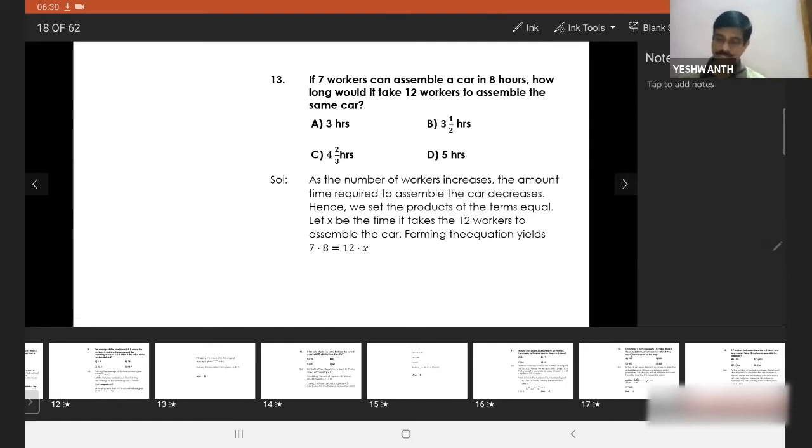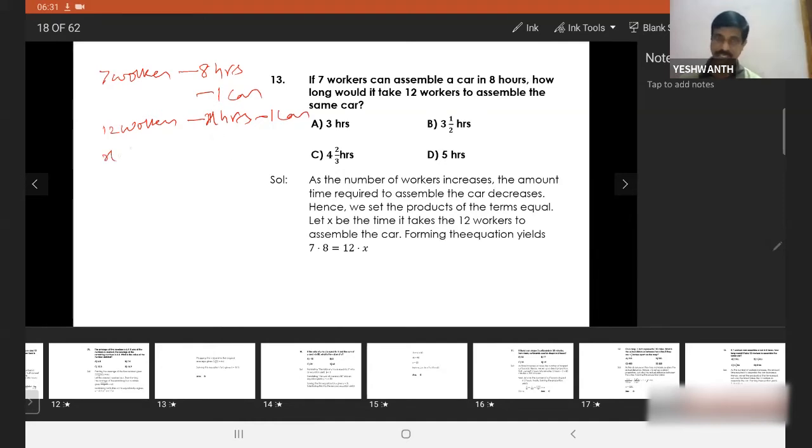So 7 workers are assembling one car in 8 hours. Okay. So now 12 workers need X hours to assemble the same one car. So now you should find out what this time is.